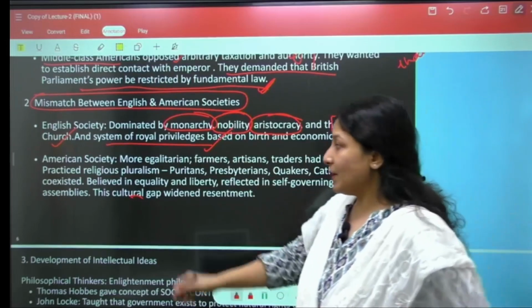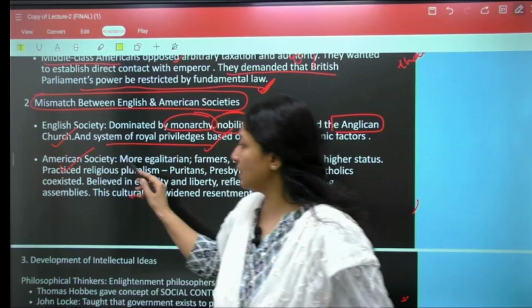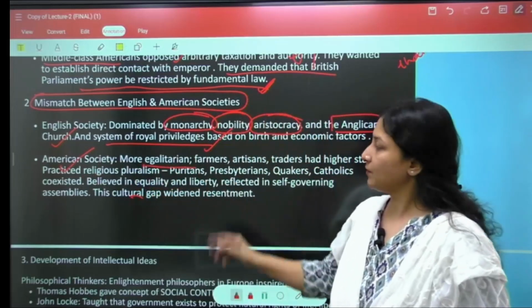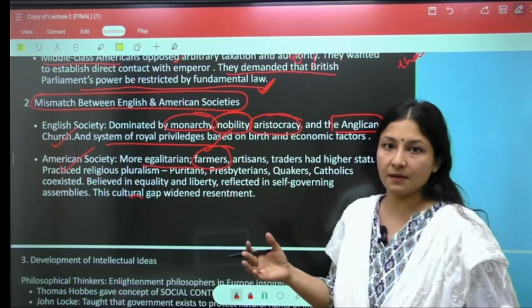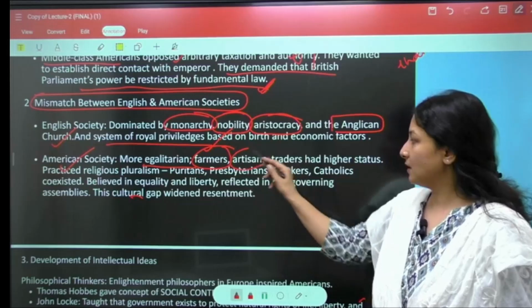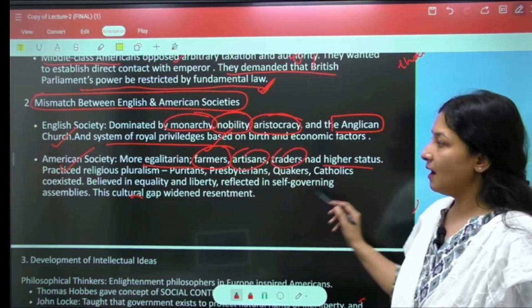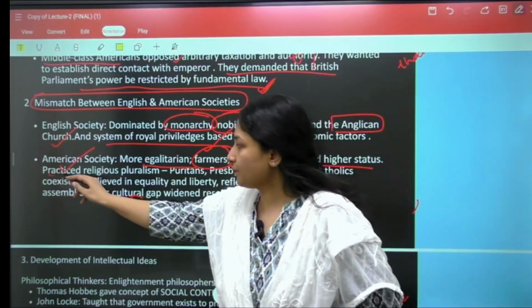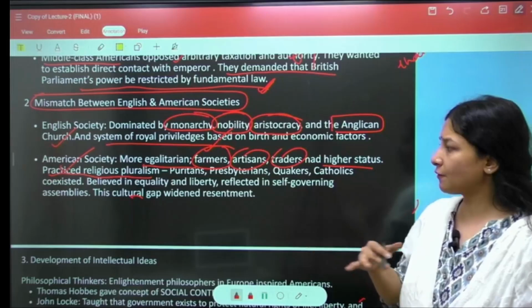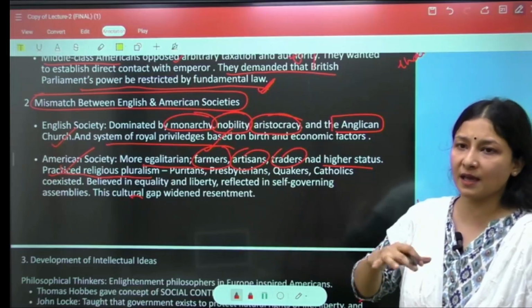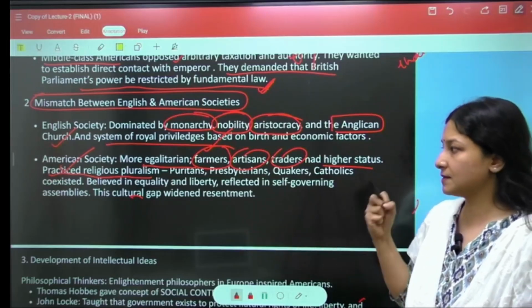But the American society, we notice here, it was more egalitarian, definitely farmer based, planters based, right? Artisans based, trader based, and they also practiced religious pluralism, because people from different religions came, intermingled, and existed together.